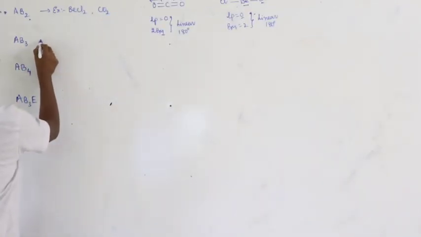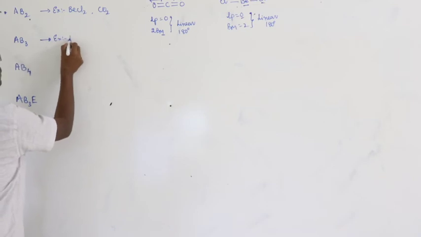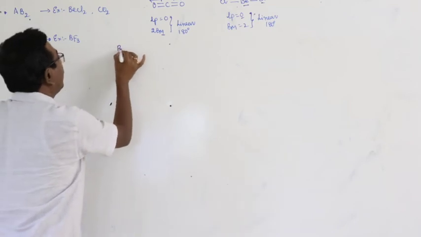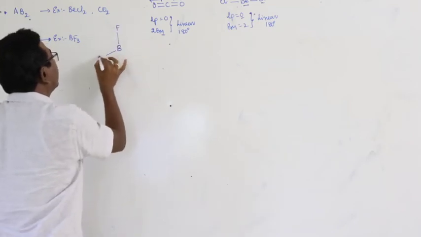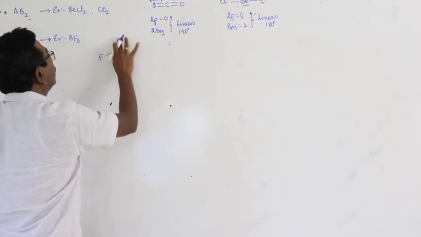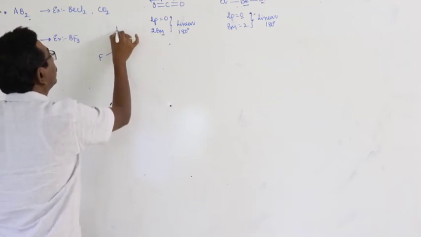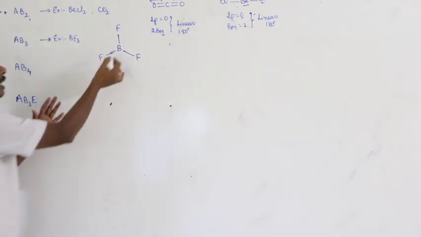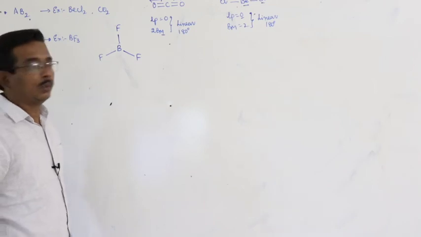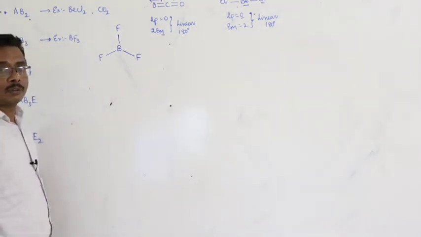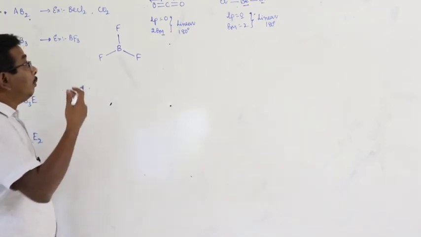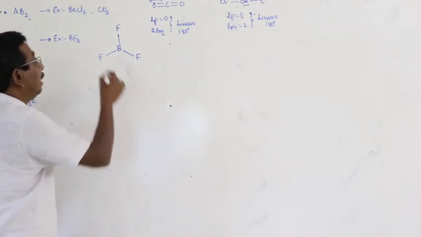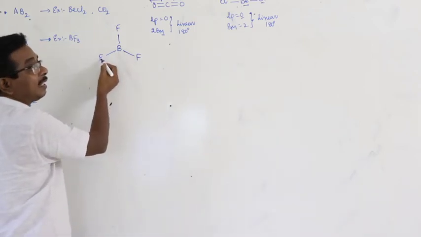Next one, AB3. AB3 example BF3. Here in BF3, this is the molecule. Boron electronegativity 2. Fluorine electronegativity 4. Okay. 4 minus 2 is equal to 2. Right? And here electronegativity of fluorine is greater than that of boron.